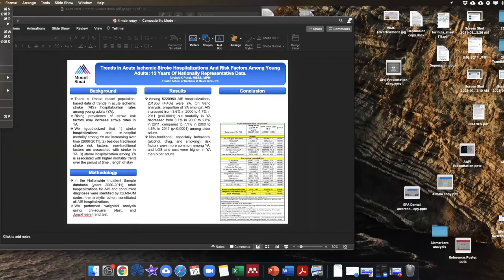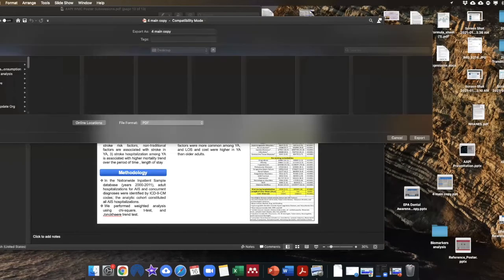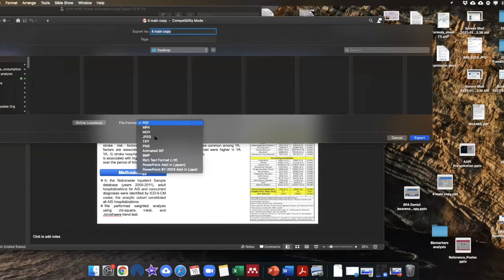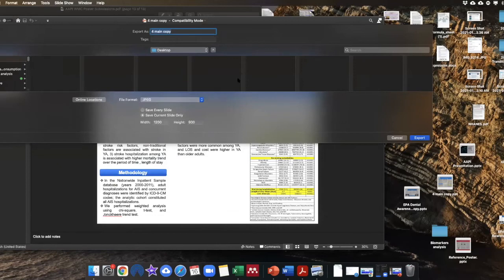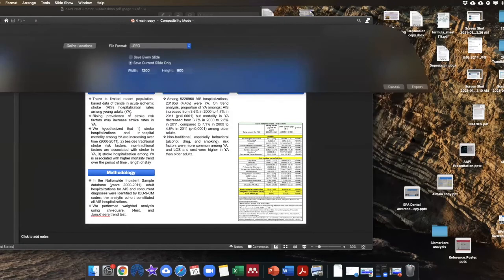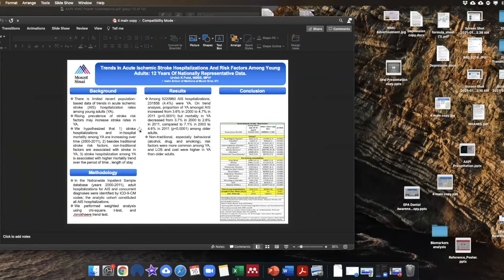File, export, file format: JPG, TIFF, PNG, either of these three. Click on that button, save on the desktop, and export it. Simple. So it will be exported, and you can use any template. We'll share with you some of the templates.